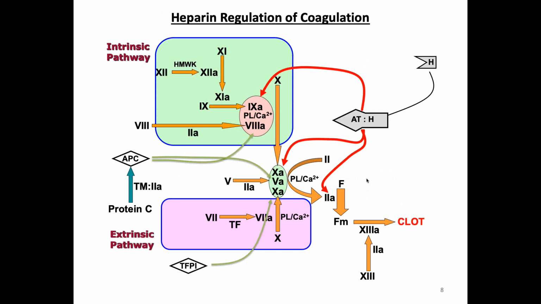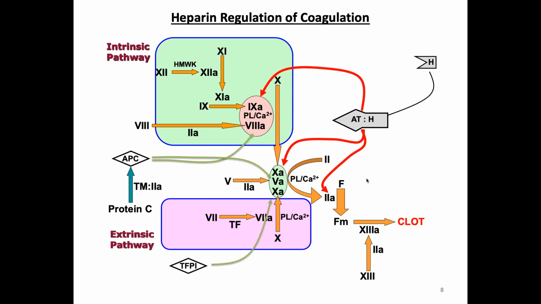Some of the enzymes in this coagulation cascade, such as thrombin, factor 2A, or factor 10A, or factor 9A, are regulated by a protein that is present in the plasma and is freely floating called antithrombin. We all have antithrombin. And this is an endogenous inhibitor of clotting. So we already have an anticoagulant molecule that prevents clotting.